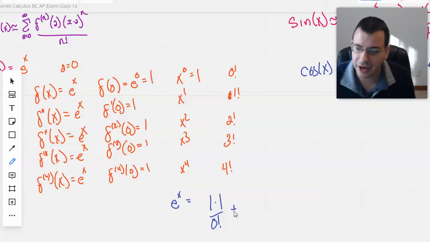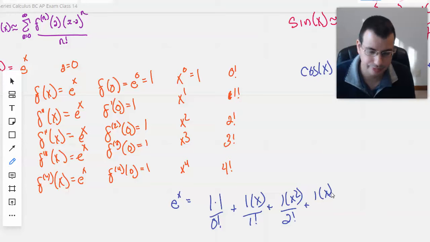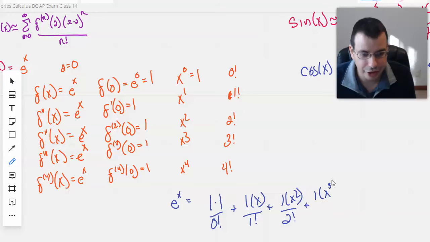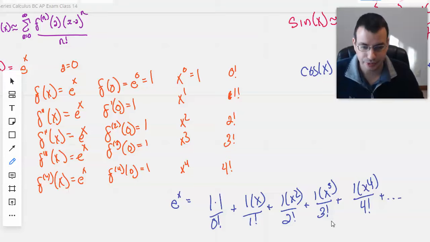And then we'll add on to that 1 times x over 1 factorial plus 1 times x squared over 2 factorial plus 1 times x cubed over 3 factorial plus 1 times x to the fourth over 4 factorial, and continue as such.